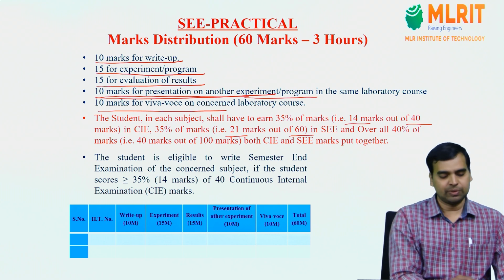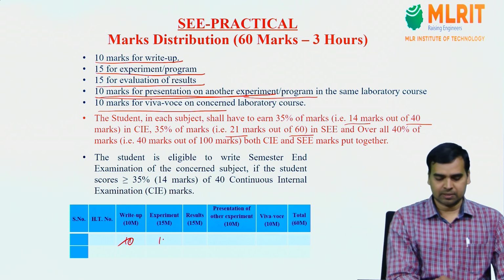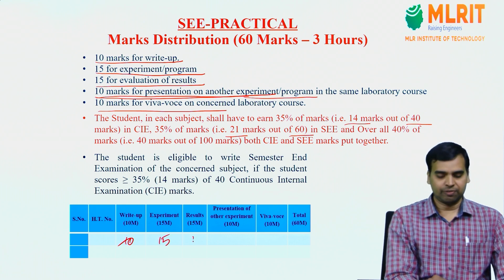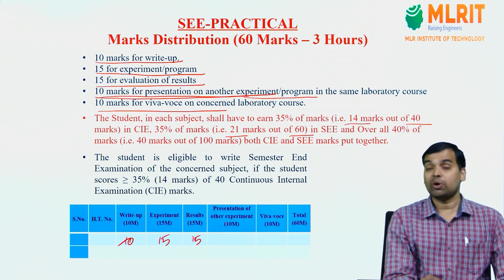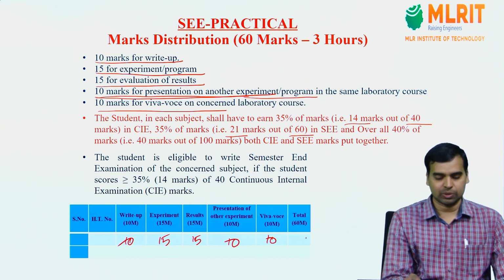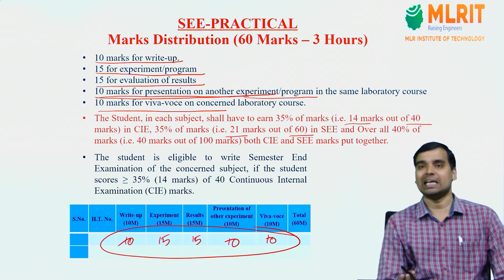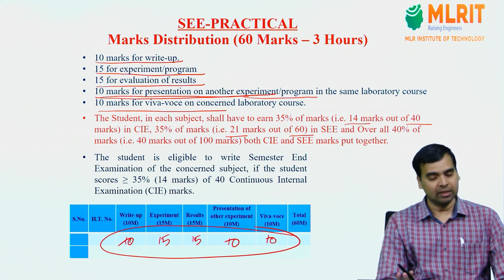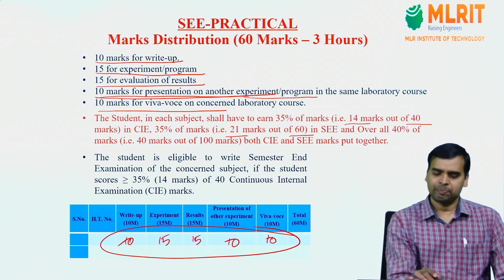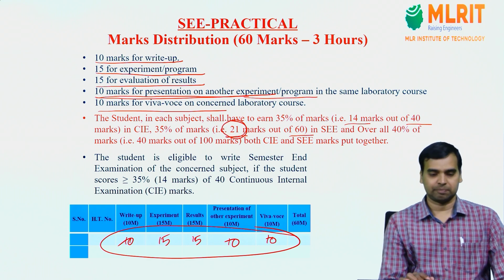So when it comes to the distribution of marks: write-up 10 marks, experiment 15 marks, result 15 marks, presentation on the second experiment 10 marks, and Viva 10 marks. So total out of 60 marks. In such a way the practical SCE exam is going to be evaluated, and out of 60, 21 is the pass mark, 35% of 60 marks.